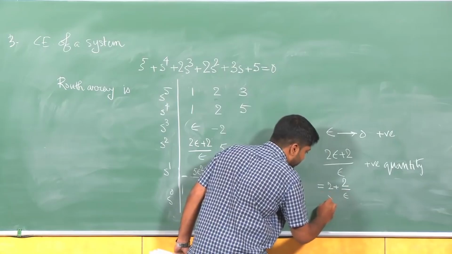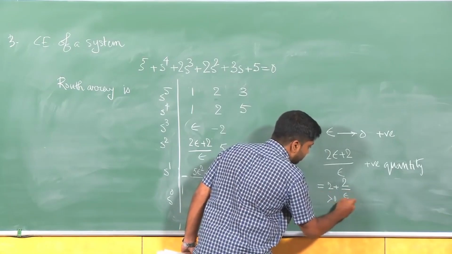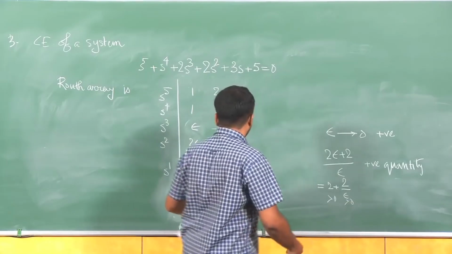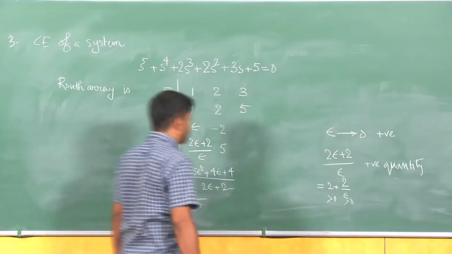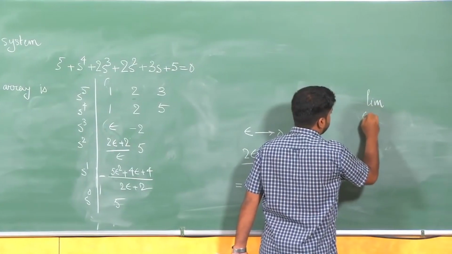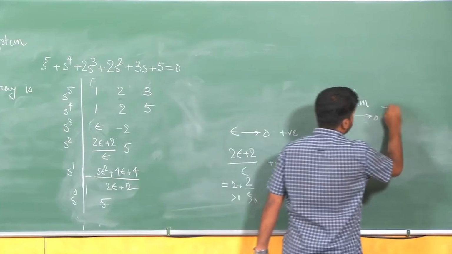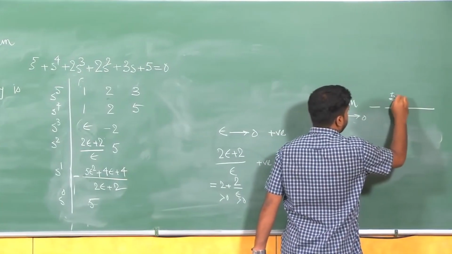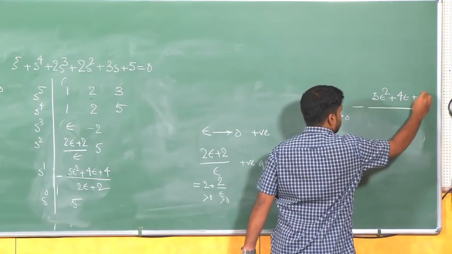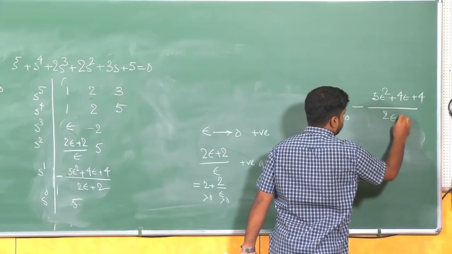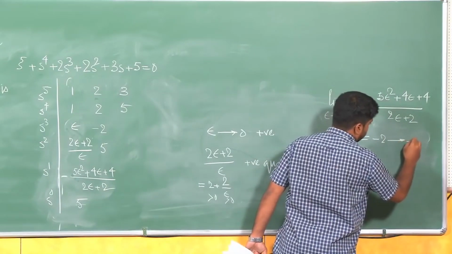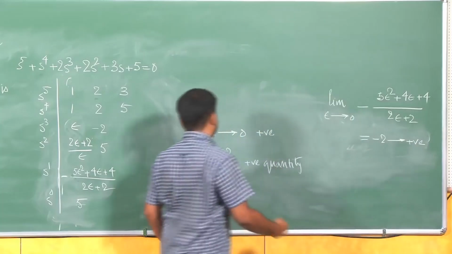So, this is greater than 0 and epsilon is positive, so this is also greater than 0. Now, the other term, the limit as epsilon tends to 0 of this is equal to minus 2, that is negative.